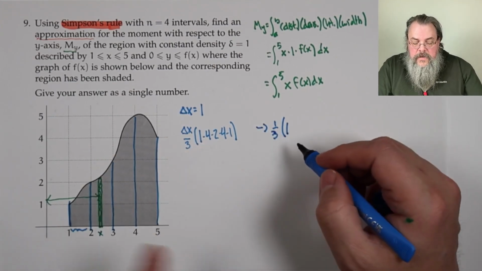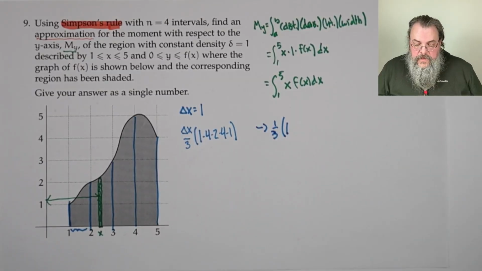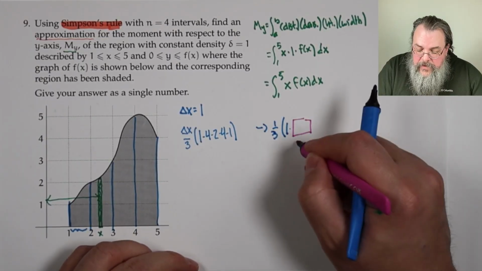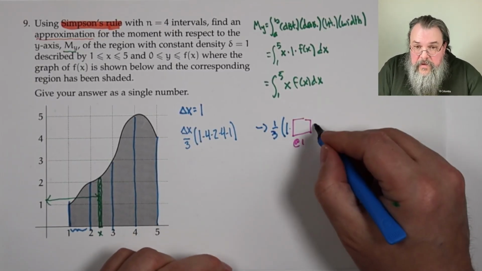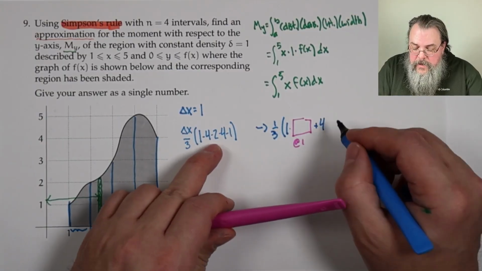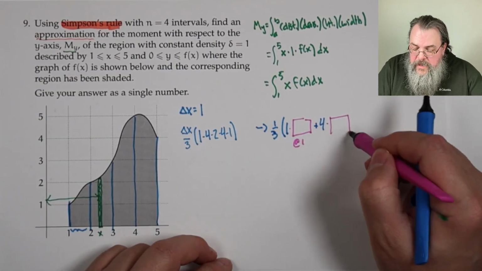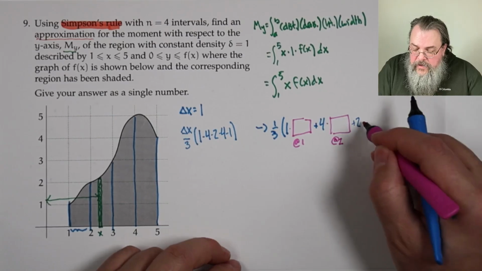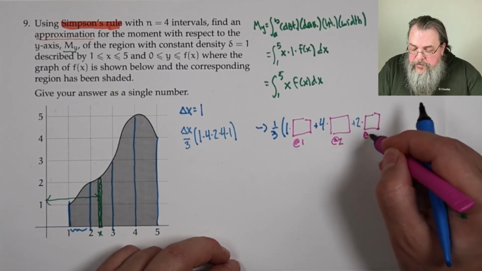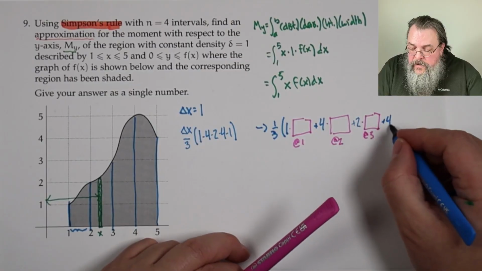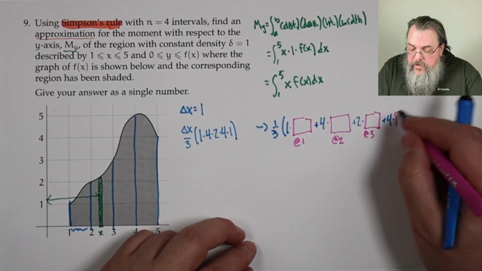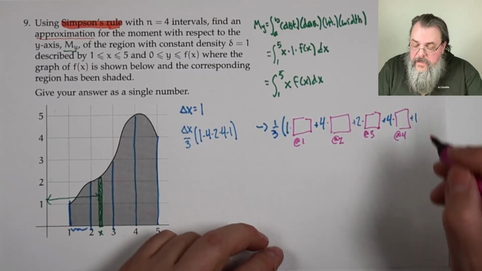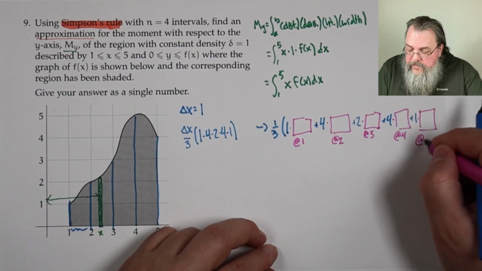It's 1 times what's happening at 1, plus 4 times what's happening at 2, plus 2 times what's happening at 3, plus 4 times what's happening at 4, and then plus 1 times what's happening at 5.